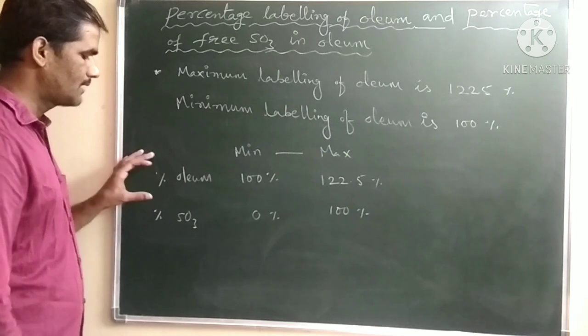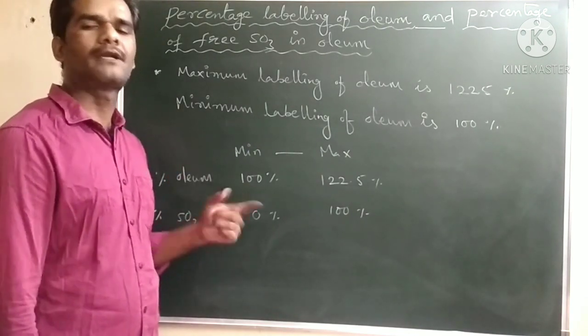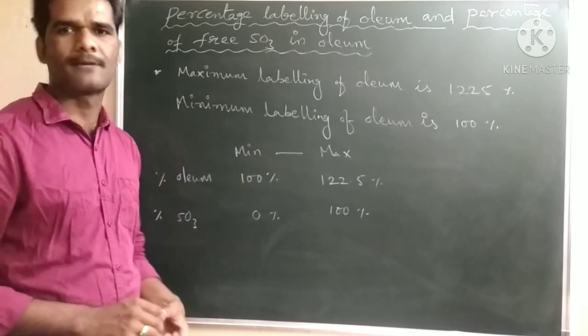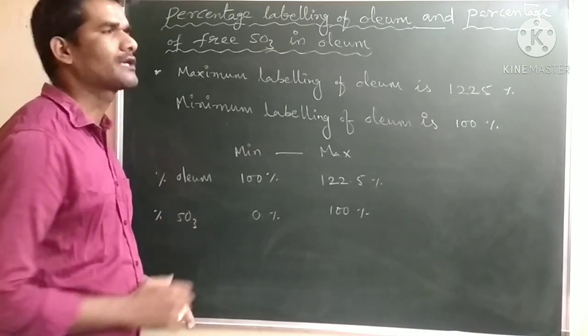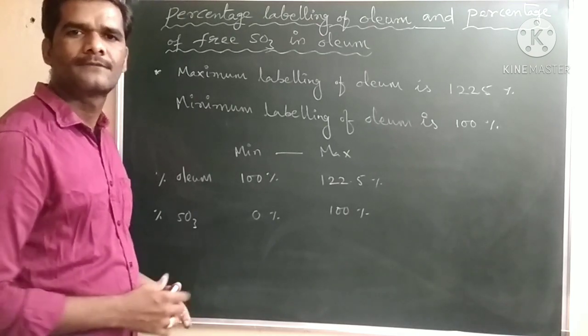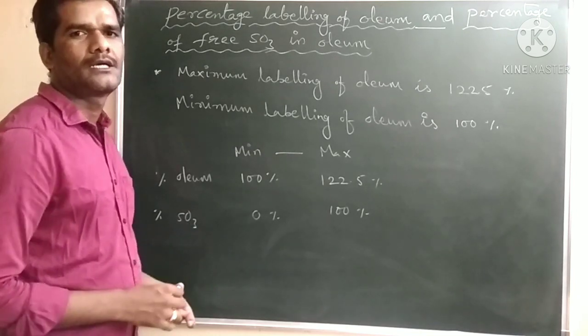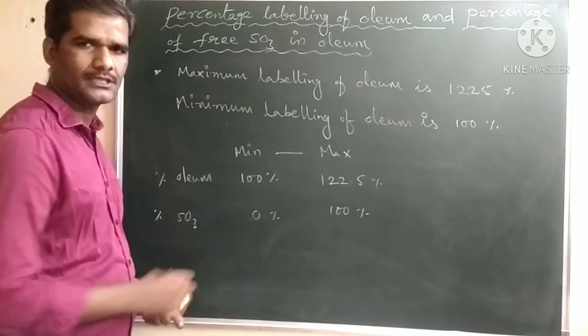So these are the minimum and maximum limits for labeling of oleum and availability of free SO3 in an oleum sample. This is the entire concept about the labeling of oleum and percentage of free SO3. Now we will see some numericals based on this concept.